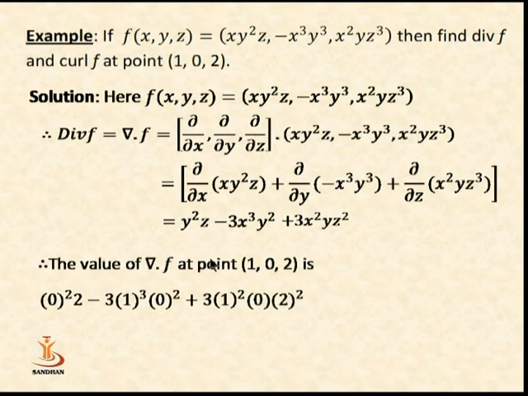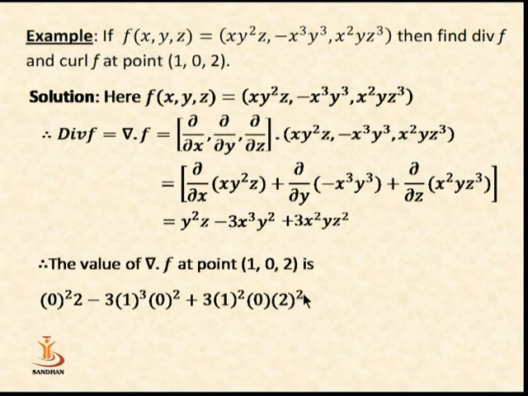Now we put y is equal to 0, then we get 0 square, z is equal to 2, then we get 2. Again minus 3, x is equal to 1, y cube, y is equal to 0, the 0 square. We put all the values in this function. Plus 3, x is equal to 1, thus 1 square, y is equal to 0, this is 0, and z square.